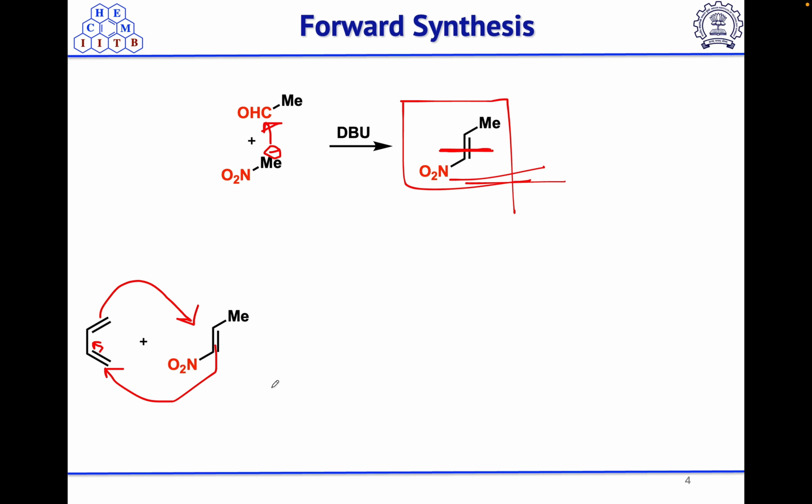This will give the six-membered ring cyclohexene with this nitro group. Simply, if you react both starting materials, 1,3-butadiene and this dienophile, you will easily get this cyclohexene product.